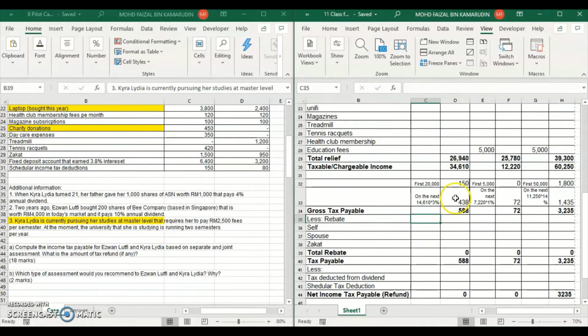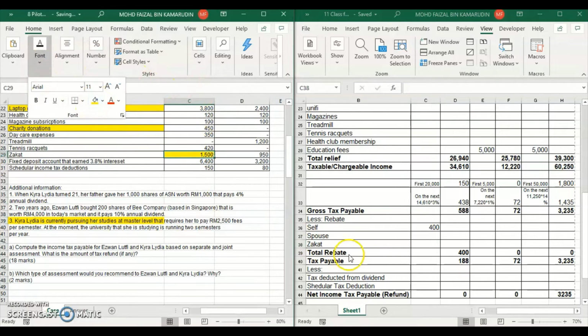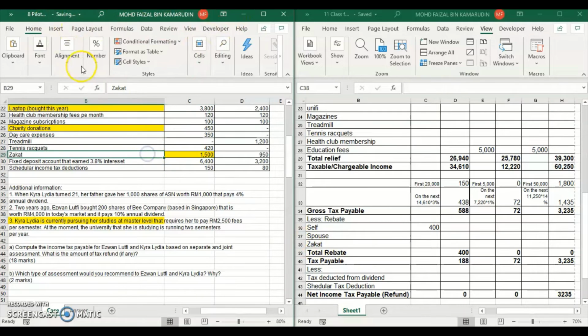So this one, yes, less than 35,000, so he will be entitled for 400 ringgit rebate. Spouse, we leave it blank because this is one separate. Zakat, does he pay zakat? Yes, he paid 1,005 zakat. And yes, you can claim the zakat relief for that one.